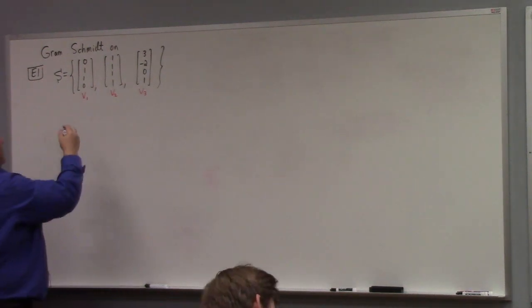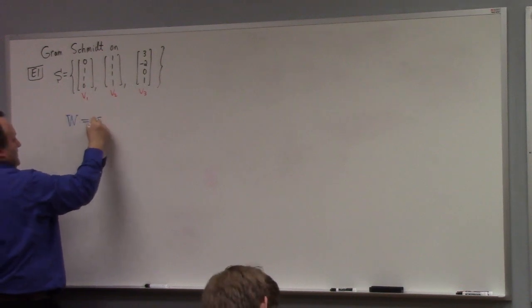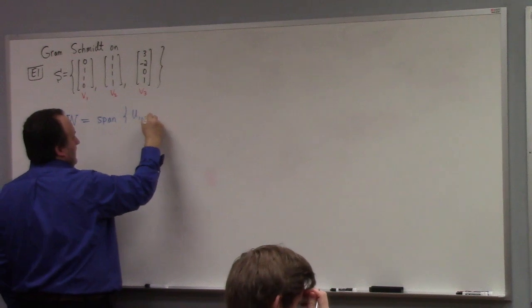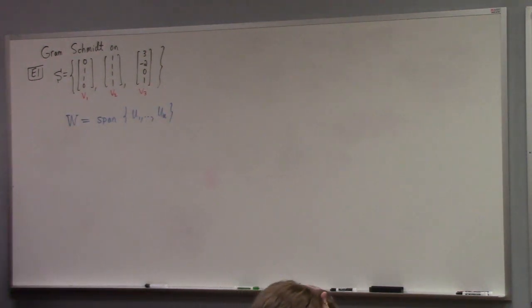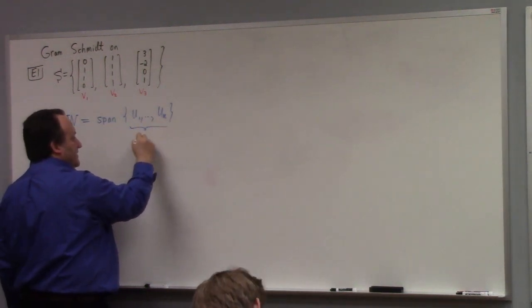So general comment, if W is equal to the span of U1 through UK, suppose that, and let's suppose that this is an orthonormal basis.